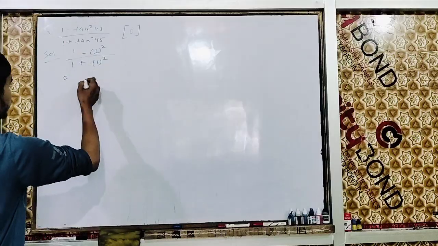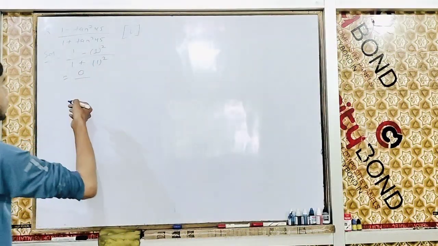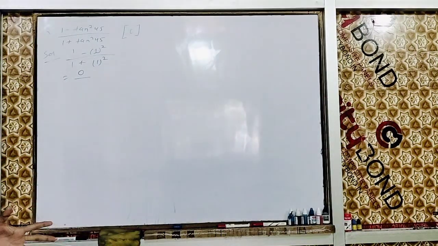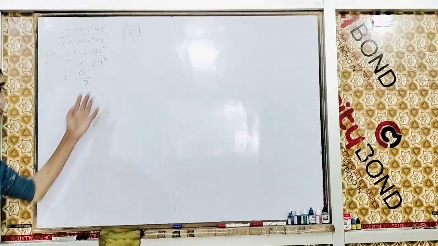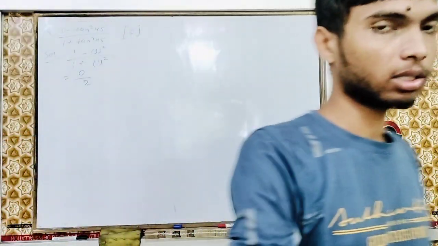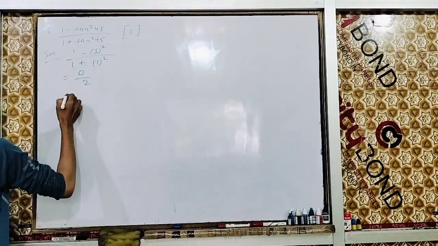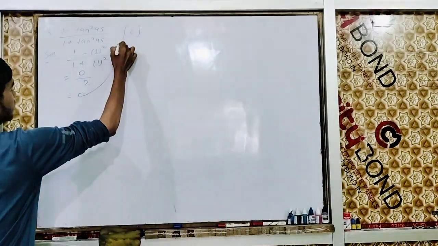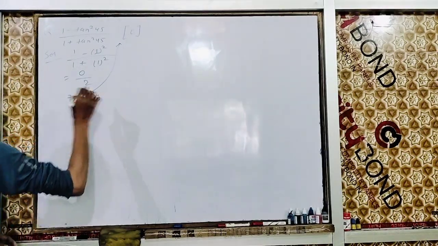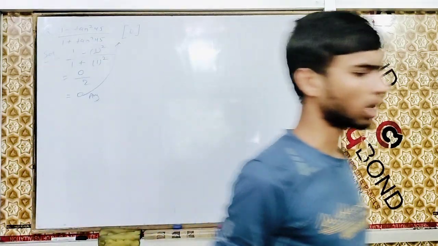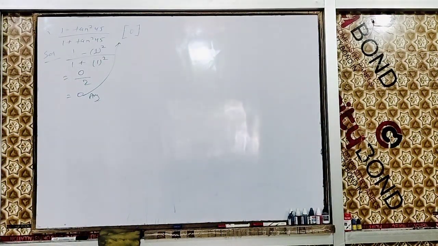So 1 minus 1 will become 0, and 1 plus 1 will become 2. After dividing 0 by 2, this will give us 0, and this is our answer. This was very simple, I know. So I think I should quickly write the next question so that you do not feel bored.